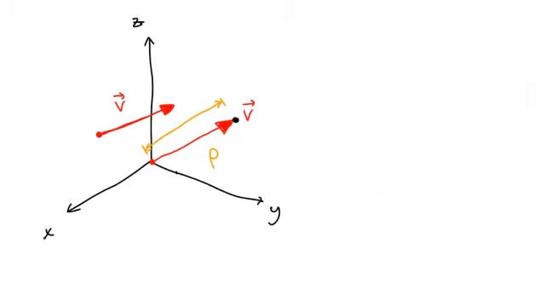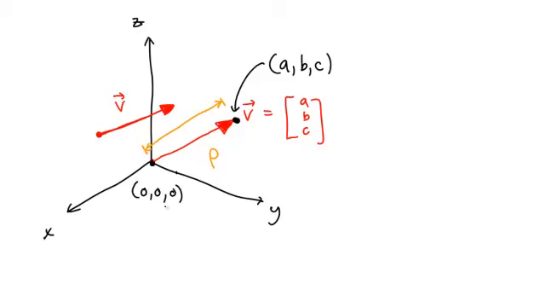Now, if the vector v has components a, b, c, then the point at the tip right here must be the point a, b, c, since we've started its tail at the origin 0, 0, 0.